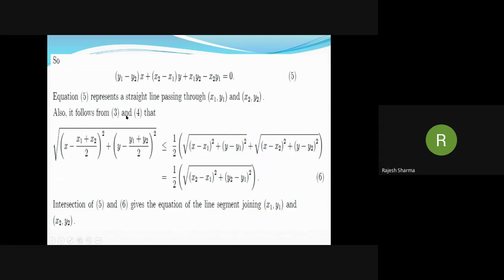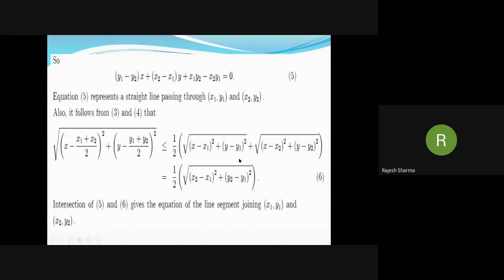Also from 3 and 4, as we have calculated in the case of complex numbers by using the triangle inequality, we have here this expression less than or equal to this, and this is given to be equal to this. So what is this? Again, we have a disk with center ((x1 plus x2) by 2, (y1 plus y2) by 2) and radius this right hand side expression.